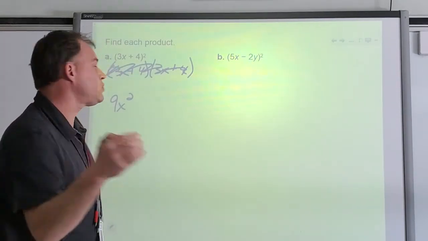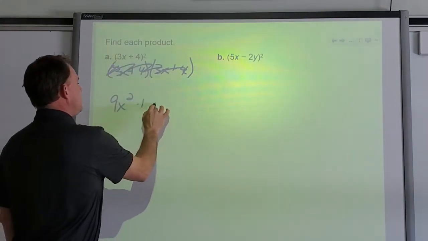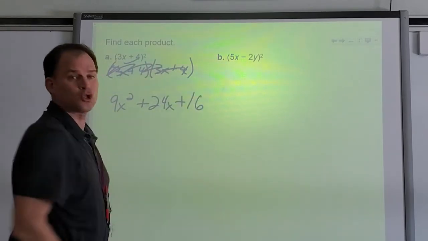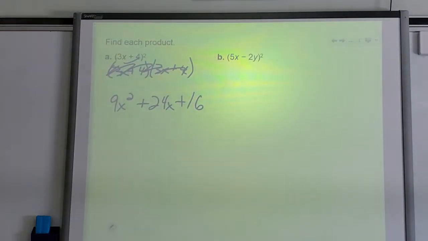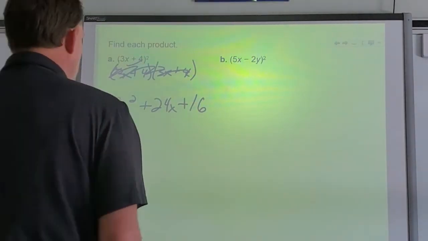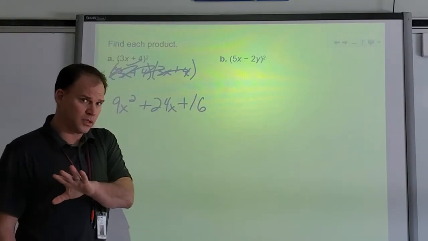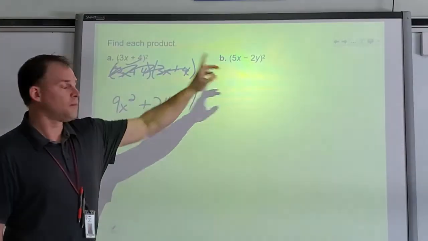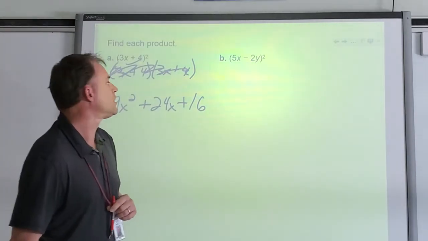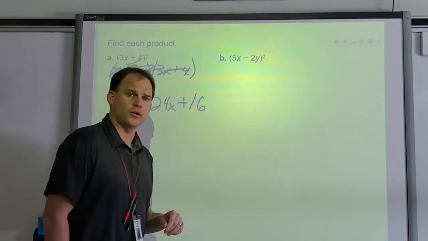I multiply the two terms together and double it. I take the last term and square it. Take a look, see if that makes sense. Now, like I said, if you want to work it out, you want to write it out, good. But I recommend you learn this pattern. It's going to help you a lot. All right, see if you can do this one on your own.